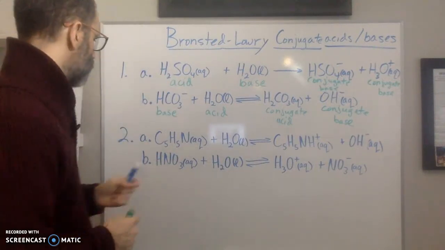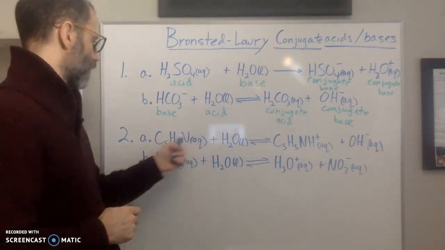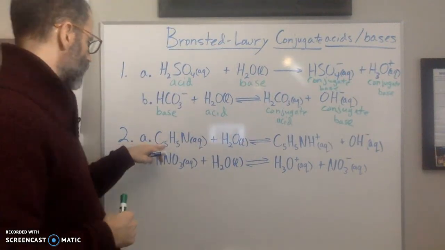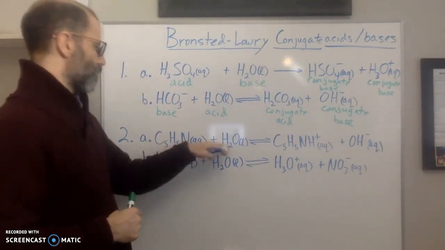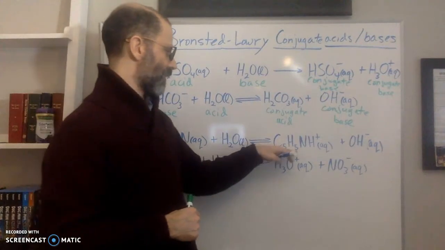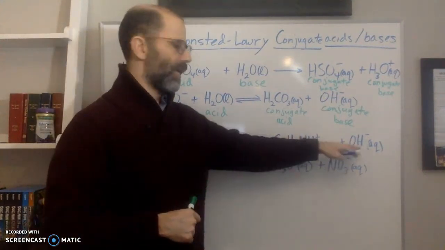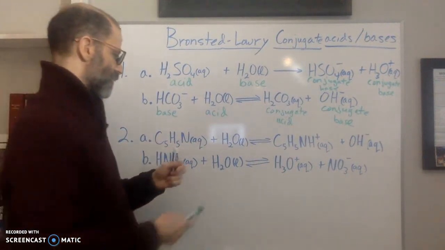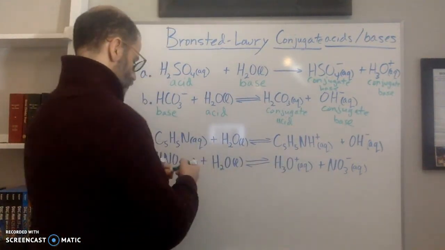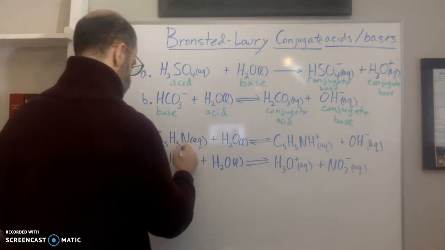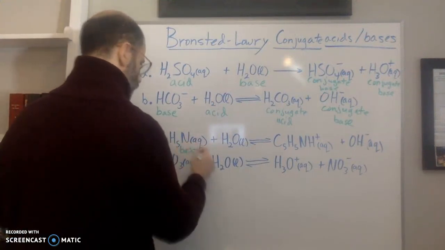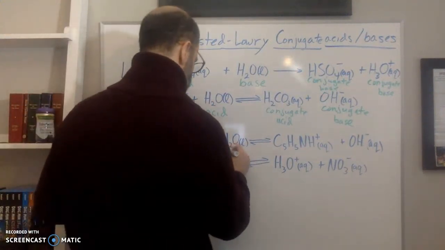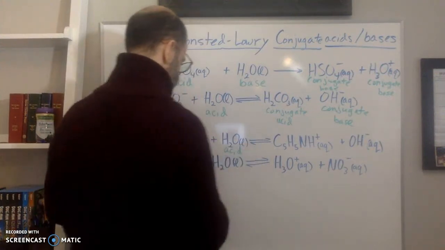Okay. So here again, in this example, we have C5H5N reacting with water to give you C5H5NH plus and OH minus. So this is acting as a base because it's picking up a hydrogen. So this would be the base. And that means that water is acting as the acid.